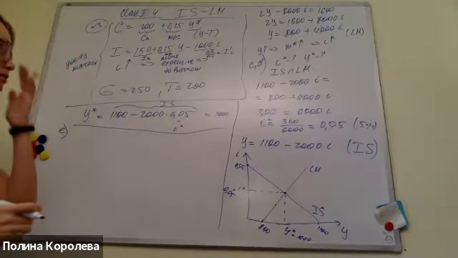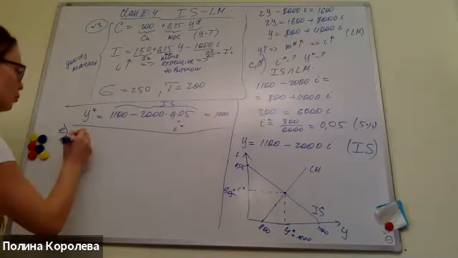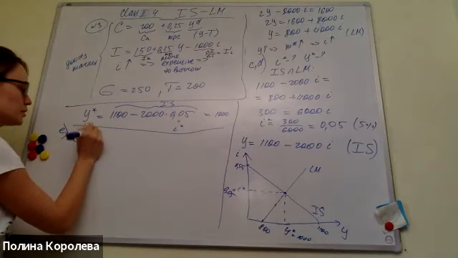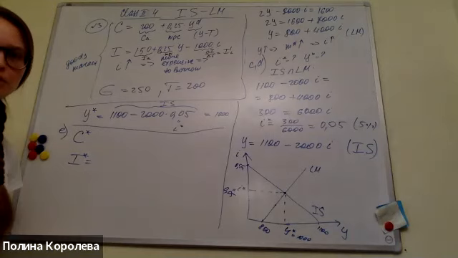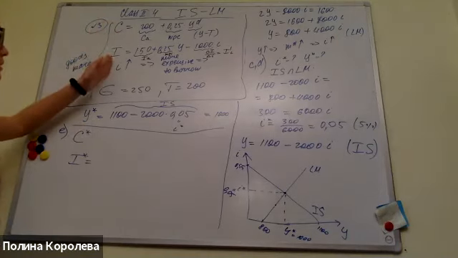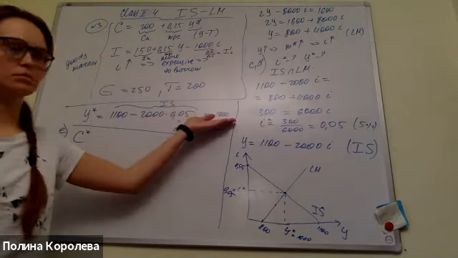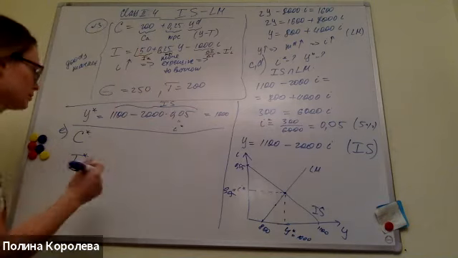In point E, we should find, in such an equilibrium situation, how much households will consume and how much investors will invest. We know the formulas for consumption and investment. Let's put our interest rate and GDP in these formulas and count. Easy.